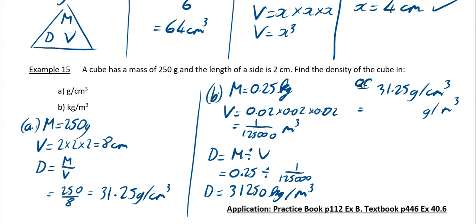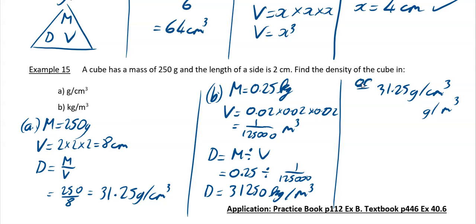Now, to do that is not terribly easy. To convert from centimeter cubed to meter cubed, what you've got to do is multiply by 100 times 100 times 100. So you've really got to multiply by 1 million. So there's 1 million tiny wee centimeters cubed in a whole big meter cubed.